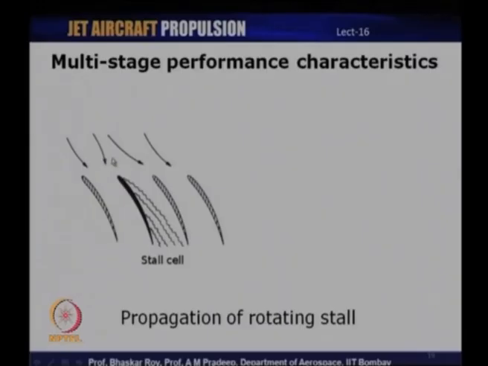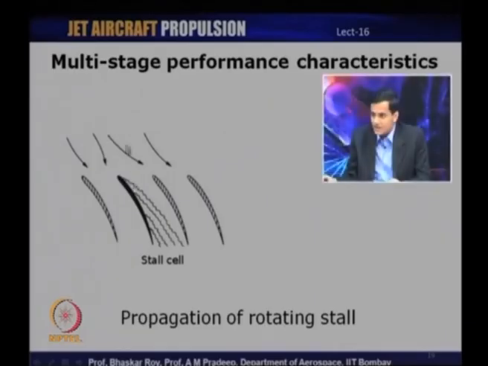So, high non-uniformity entering into this particular set of blades causes this blade, let us say, to stall, which means that as this blade stalls, it also causes the flow entering the adjacent blade to enter at a higher incidence, because the blades are actually rotating.